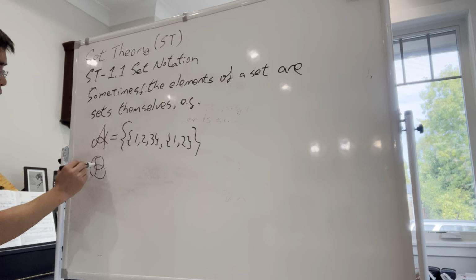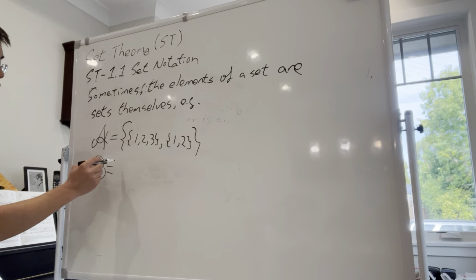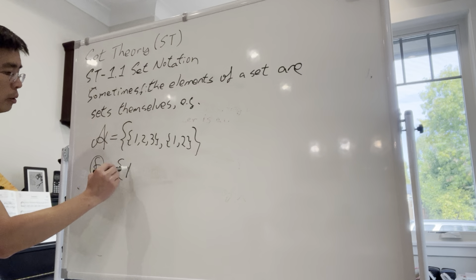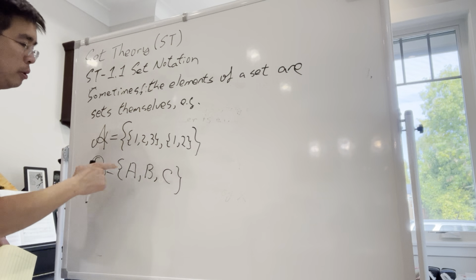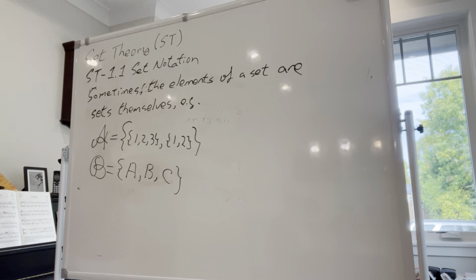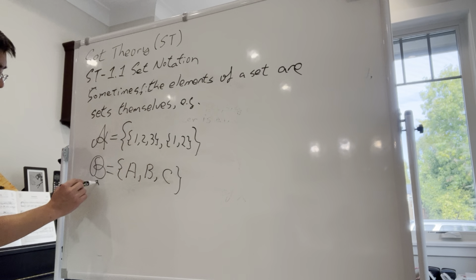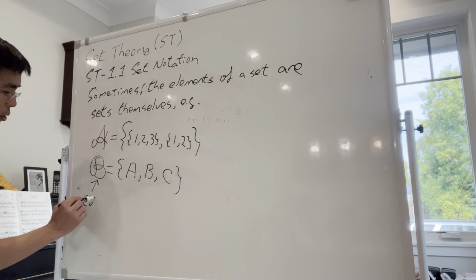Here's another example. Let's say a set B has 3 elements, which are the sets A, B, and C that we talked about. Because a set of sets can sometimes be confusing, there's a convention that we call this a collection.